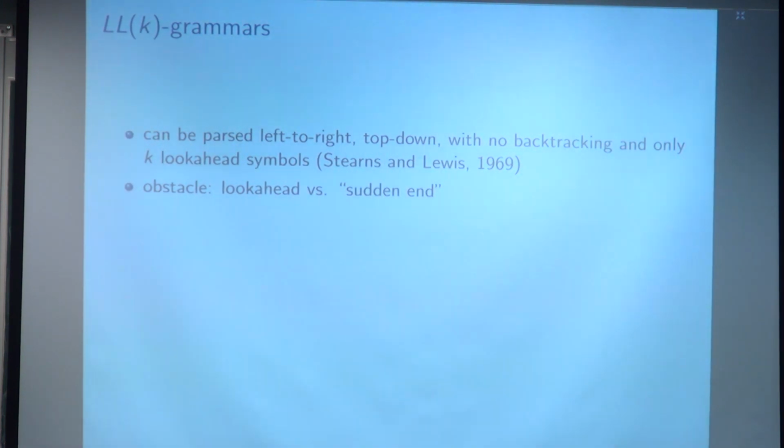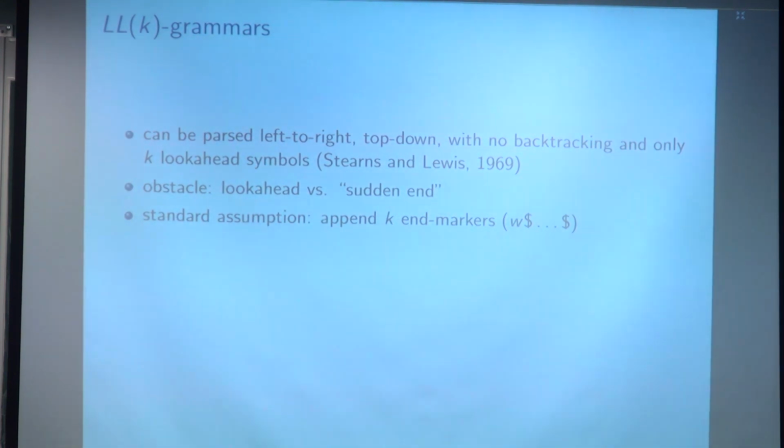This has been solved by adding end markers, which is actually a rather common assumption, because adding end markers allows the parser to behave like it always has k symbols of look ahead instead of k or less.